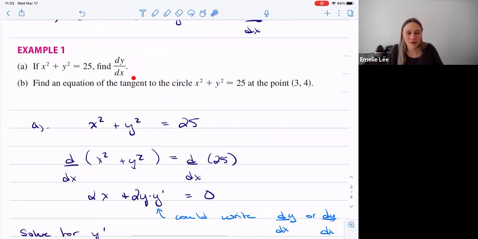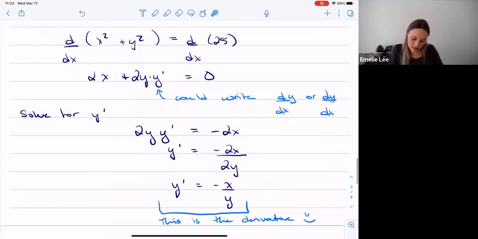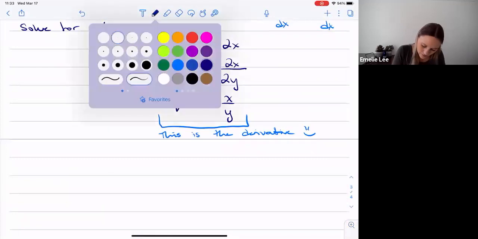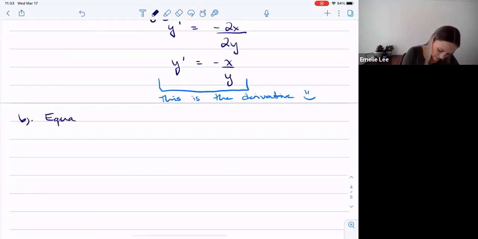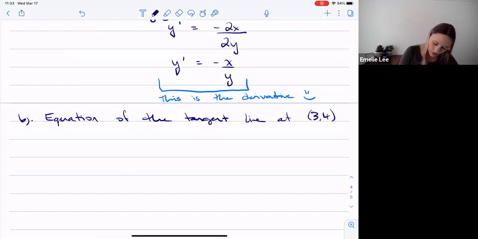And then we want to find an equation to the tangent line on the circle at the point (3, 4). And so now x is 3 and y is 4, which means we can substitute those in to find the slope of the tangent line. So part B, I'll just summarize here, we want to find the equation of the tangent line at (3, 4).